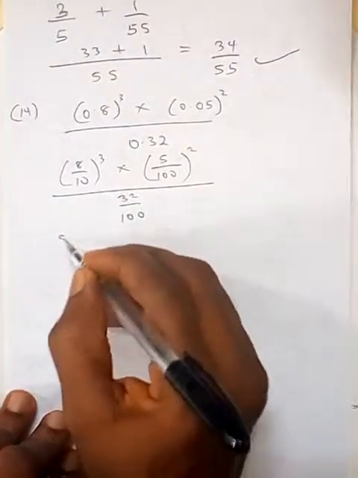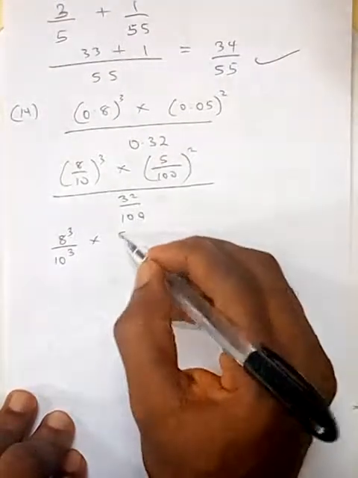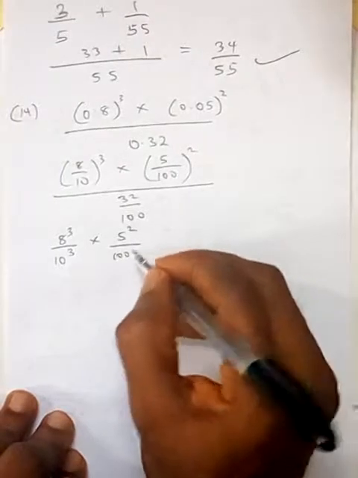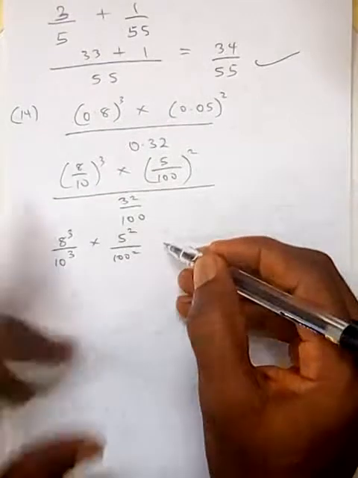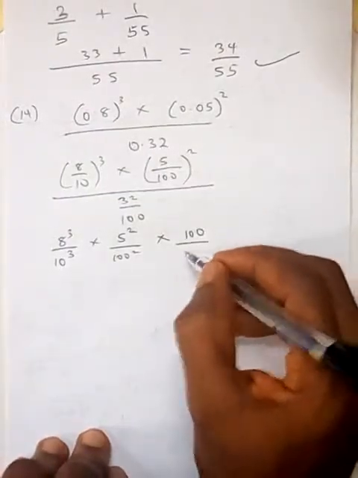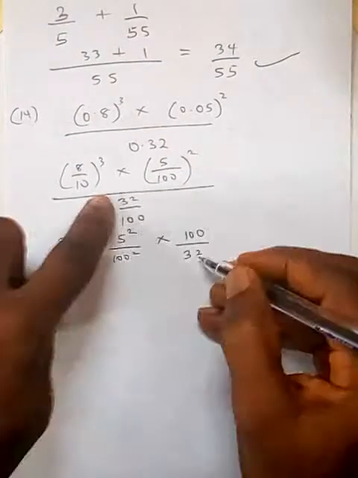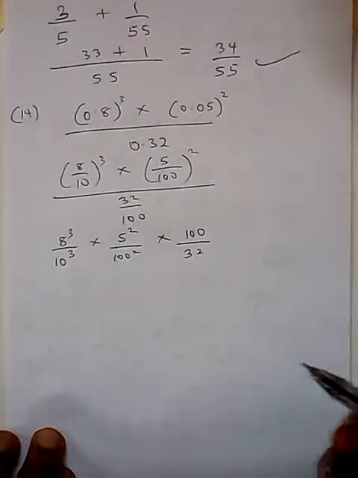You can easily represent it as 8 raised to power 3 over 10 raised to power 3 times 5 raised to power 2 over 100 raised to power 2. Then divide. If I want to change it to times, this will flip to 100 over 32. This has to flip, changing it to times. So we can simply strike off values.